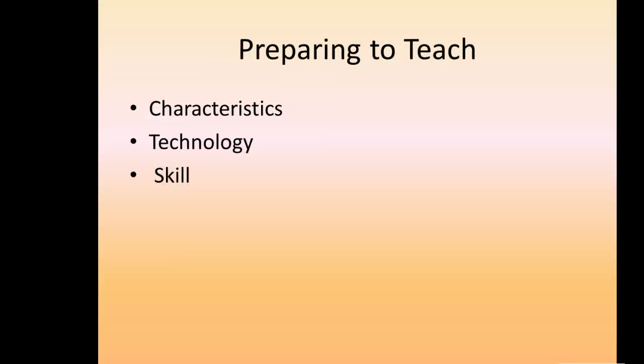Okay, so the next piece we're looking at is preparing to teach. If you had to look at a timeline for developing your course, we're at the point where we're going to start preparing to teach, and we're going to look at characteristics, and those relate specifically to characteristics of your students.